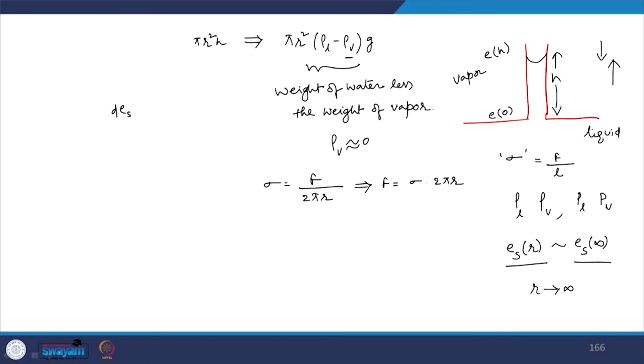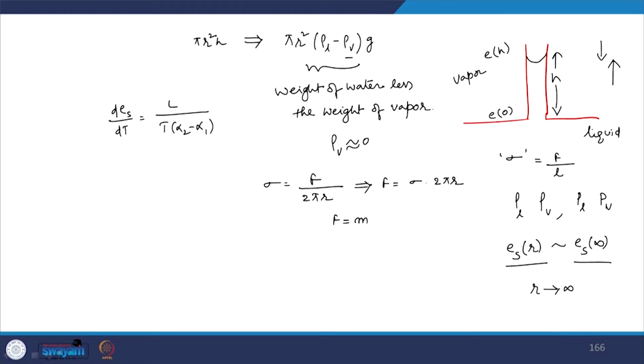Now, we know that if we consider the temperature, the saturation vapor pressure can be simply written in terms of specific volumes and the latent heat, which gives the equilibrium saturation vapor pressure variation with respect to the temperature, right. Now let us say sigma is the surface energy per unit area or force per unit surface length. So how can you write the force balance?